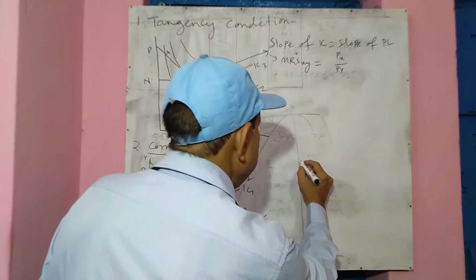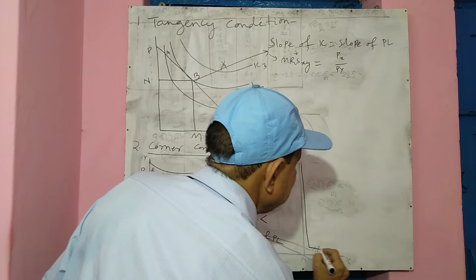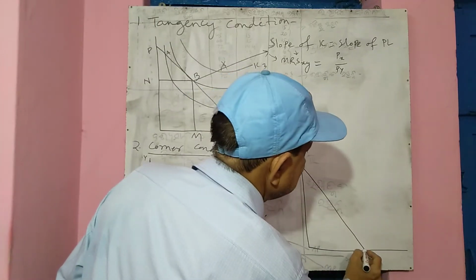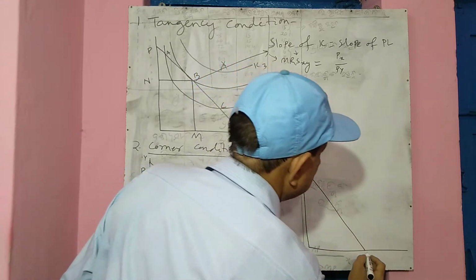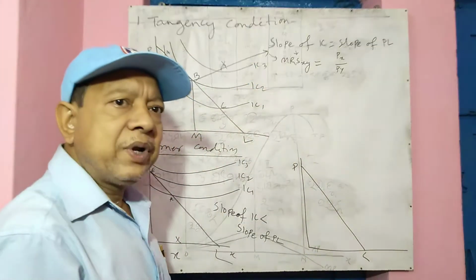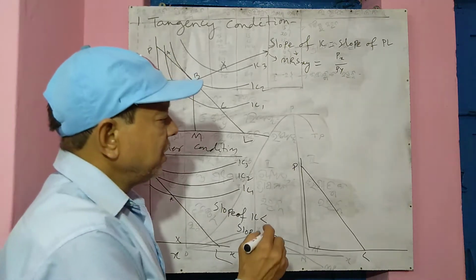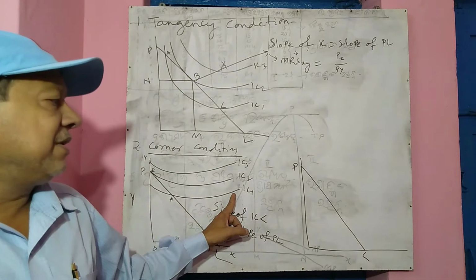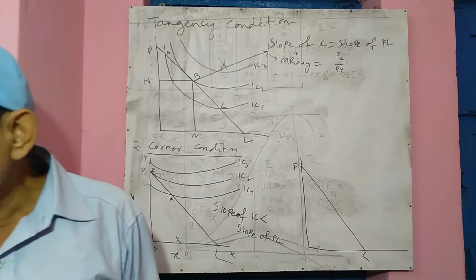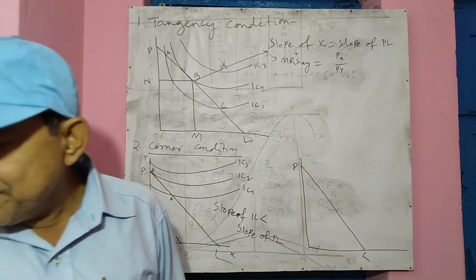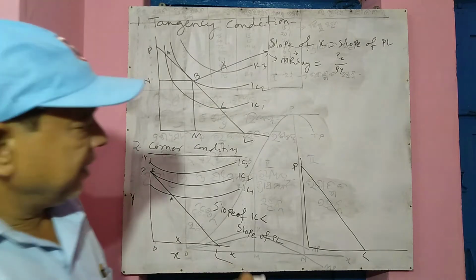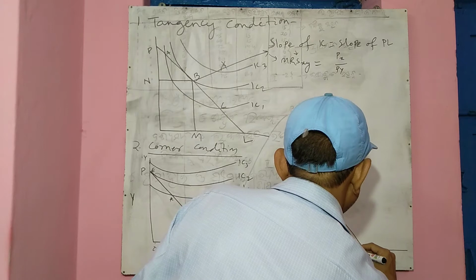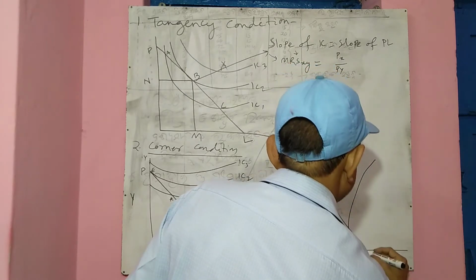Now similar may be the case with another case. Let's draw it. This is the price line, PL. Here the ICs were flatter, but now the ICs are steeper, very much steeper.